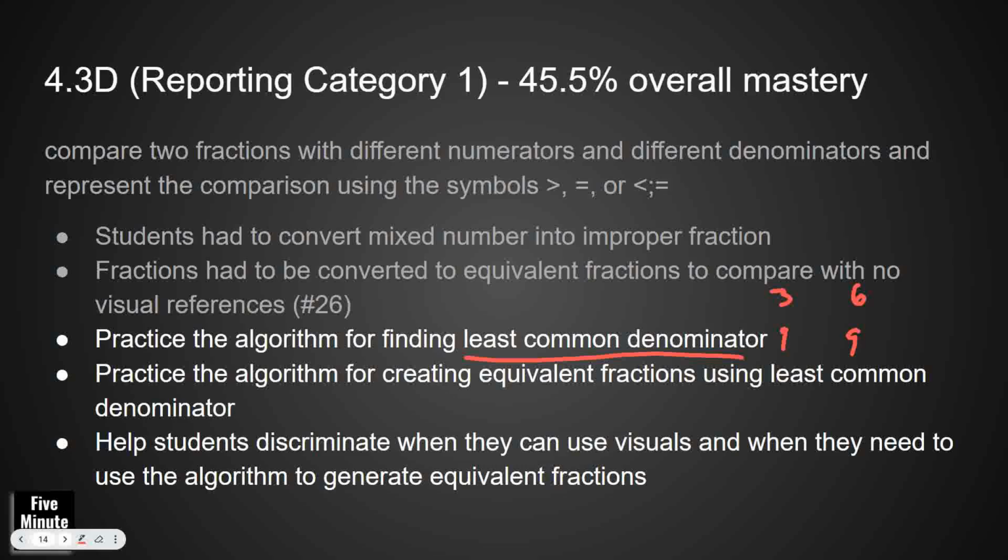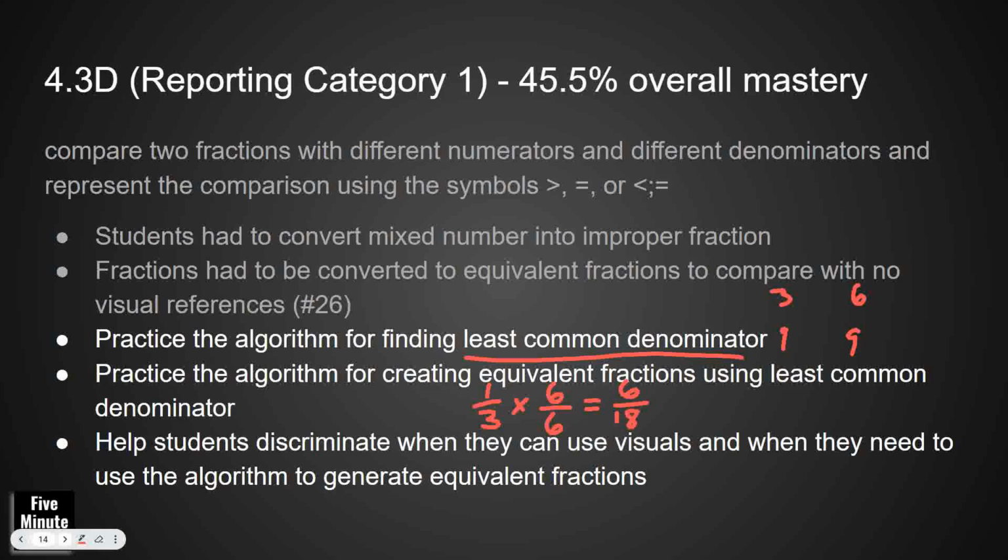And then they need to practice that algorithm of using the least common denominator to generate equivalent fractions. The way I teach it, and let's say I want to change my 1/3 into 18ths. So I would say 1/3 times something equals, and then what is my denominator? 18ths, right? So that is going to be 3 times 6 equals 18, right? So I set it up side to side so they can see what they're trying to get to.